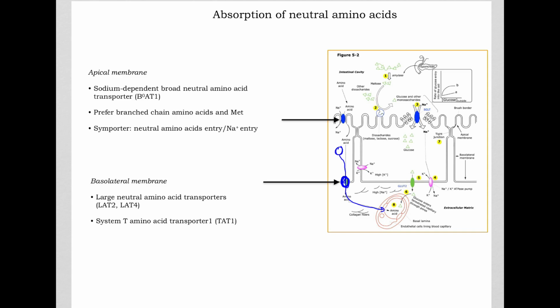Examples of these basolateral transport proteins for the neutral amino acids include the large neutral amino acid transporters LAT2, LAT4, as well as the system T amino acid transporter 1, or TAT1. The neutral amino acids will then come out into the connective tissue and then will enter the capillaries.